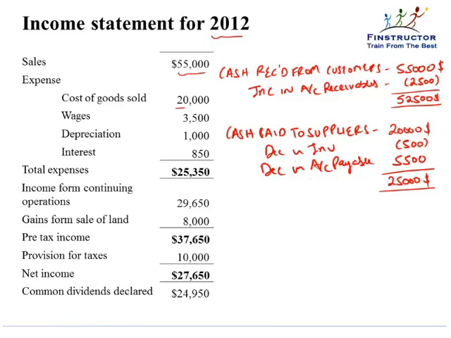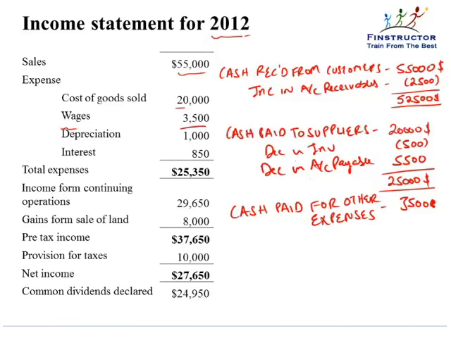The next item in the direct format of the cash flow statement is cash paid for other expenses. In this case, the other expenses are mainly wages. So, given no other information, we will assume that we paid $3,500 as wages to our employees, and that's the only other expense that is mentioned in the income statement for 2012.